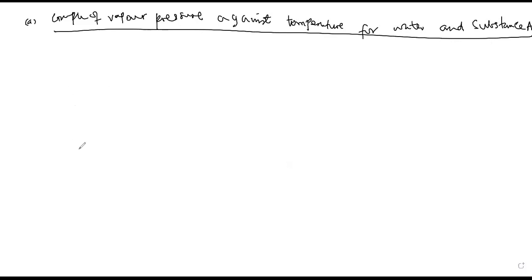So if you look at those values we are given, for the vapor pressures, the smallest value is 0.22 and the highest value is 0.63.